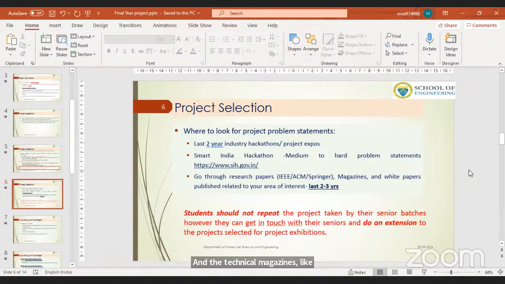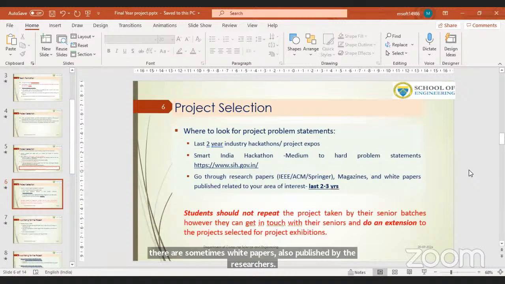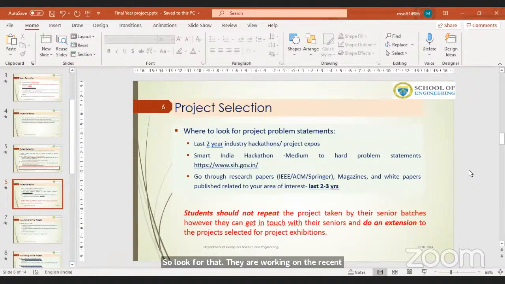There are sometimes white papers also published by researchers at Google and IBM. Look for those, they are working on recent problems. If you can take any of that and do a small bit in that, that will also be good.